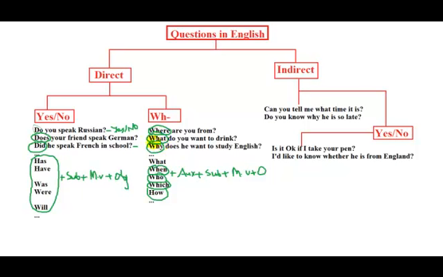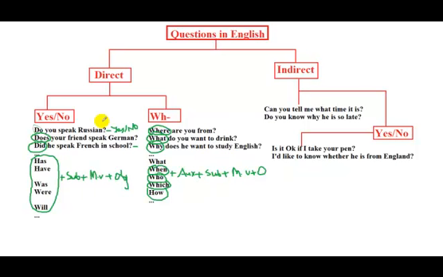What is the WH word, do is the auxiliary, you is the subject, want is the main verb, and drink is the object. For example, why does he want to study English? Why is the WH word, does is the auxiliary, he is the subject, want is the main verb, and to study English is the object.